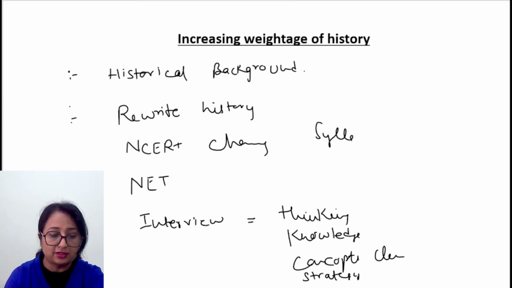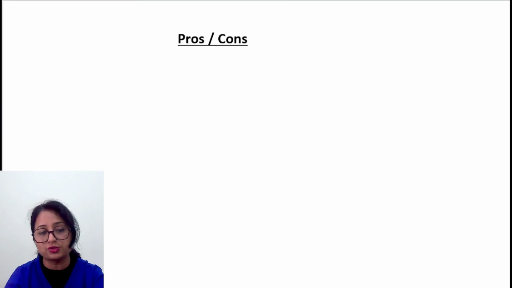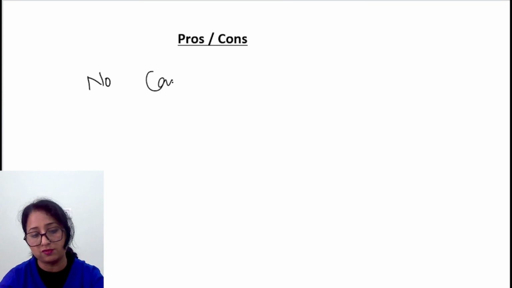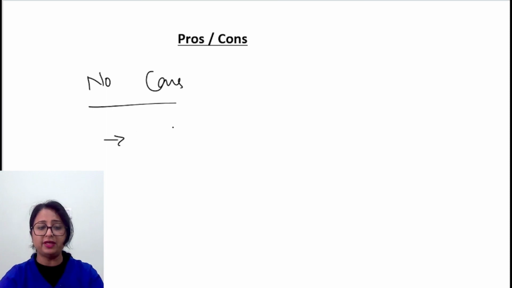So now the thing is pros and cons. जो maximum topic पूछा जाता है कि इसका क्या pros है, इसका क्या cons है. So as an educator, there is no cons if you select history. There is no cons because every optional subject has its own syllabus and its own concepts, so you need to study.